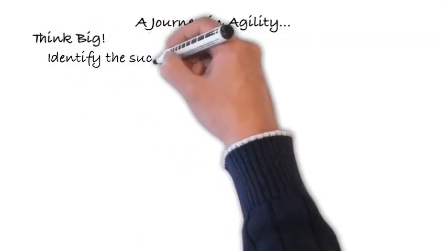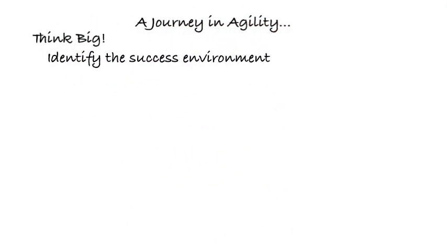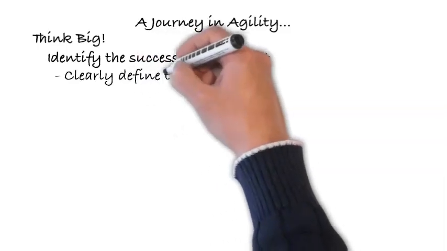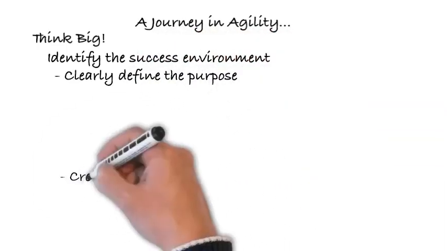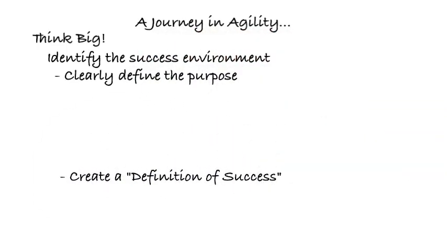Now that we've completed the listen and learn phase, it's time to move on and think big. In order to do that, we need to identify the success environment. The success environment consists of 2 major phases. We need to clearly identify the purpose, and we need to create a definition of success.